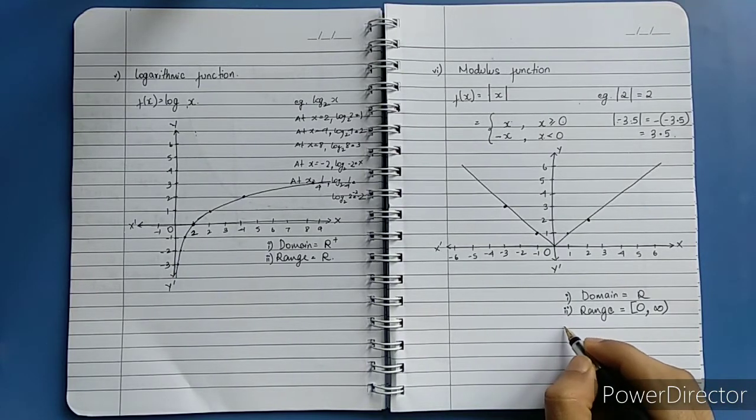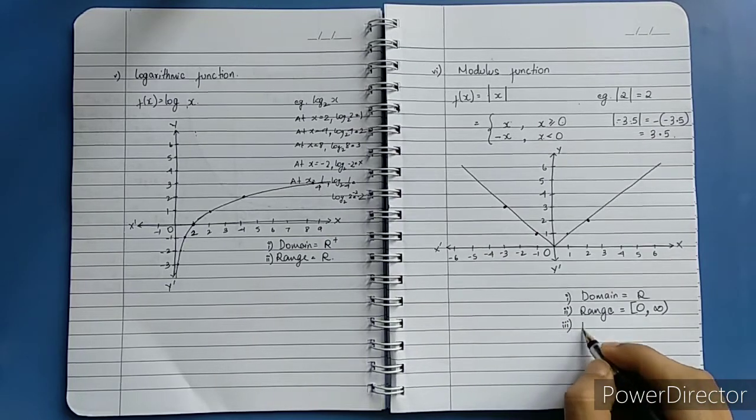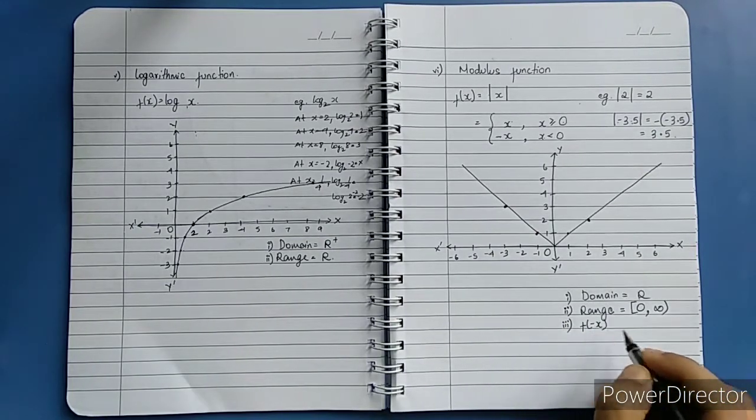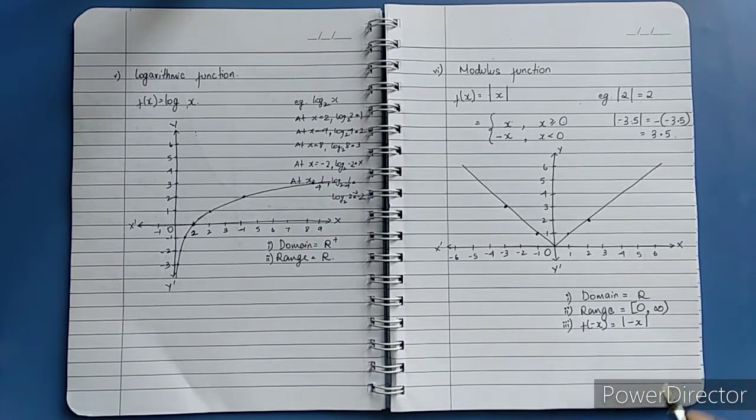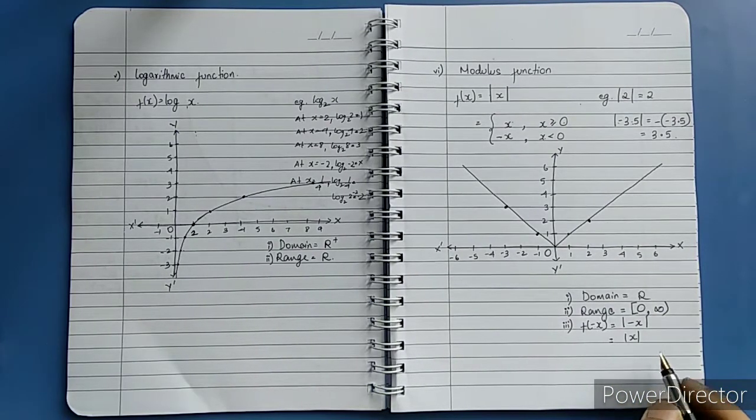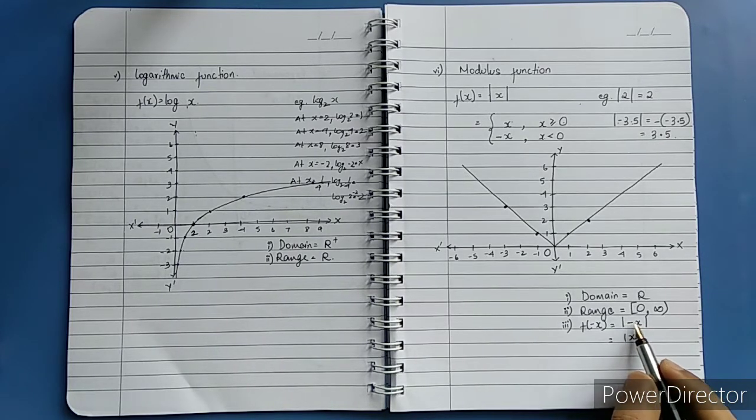Second thing, f(-x) will be equal to mod of minus x, which will be equal to mod of x. If we take mod of minus x or mod of x, it's going to be the same. Say x is minus 3.5, so minus of minus 3.5 is plus 3.5, and mod of 3.5 is 3.5.